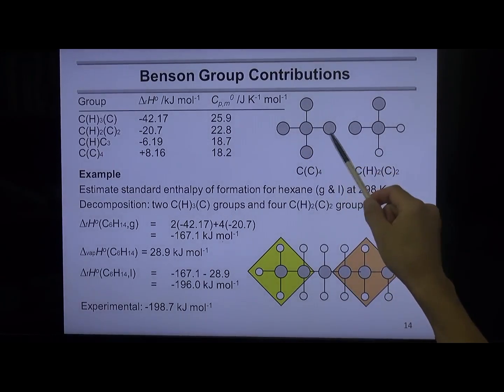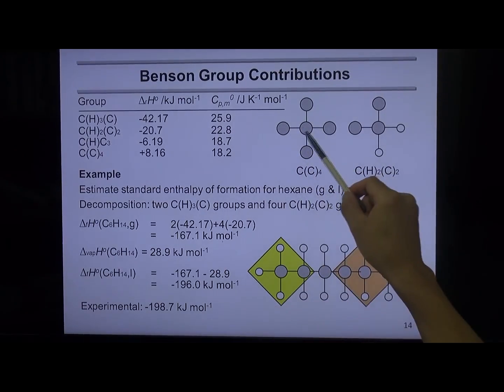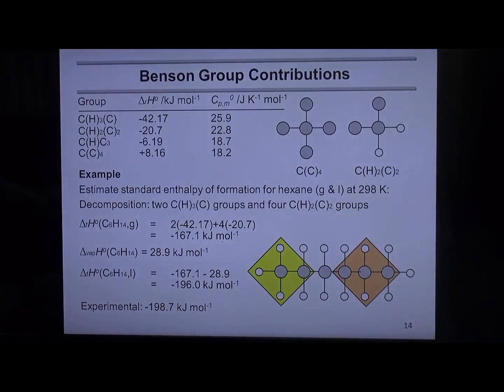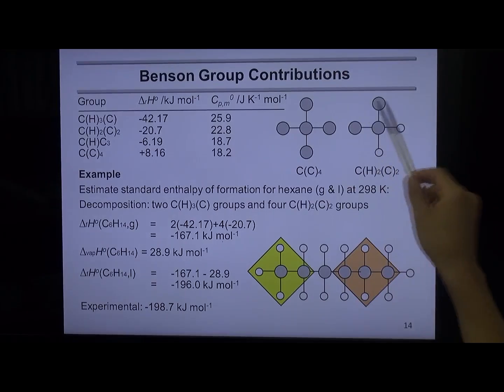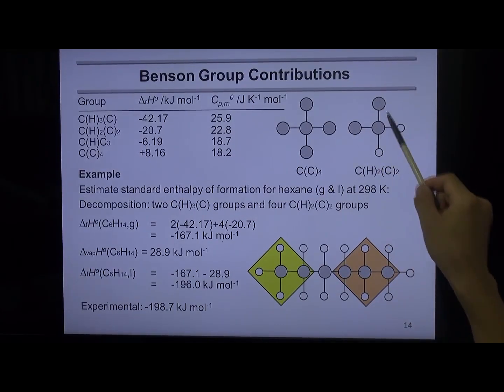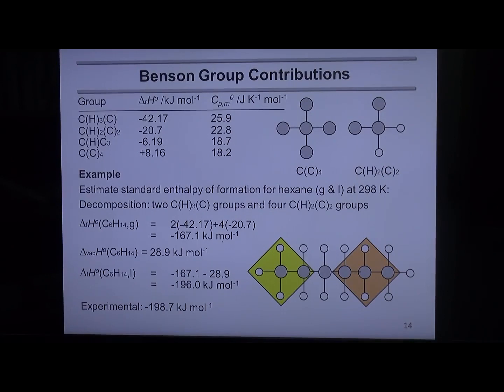These gray circles are carbon, so C, C, C, C, C. It has 4 C-C single bonds. This other compound has 3 carbons connected to each other and 2 hydrogen atoms, right? 2 C-C single bonds and 2 C-H single bonds. The contribution of a carbon-carbon single bond would be different between these compounds, right? The environments are different.